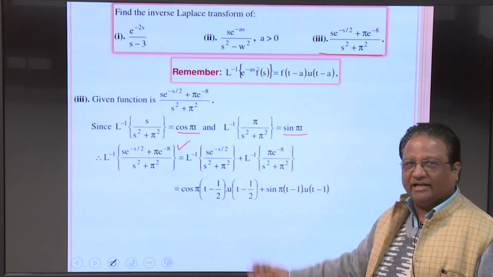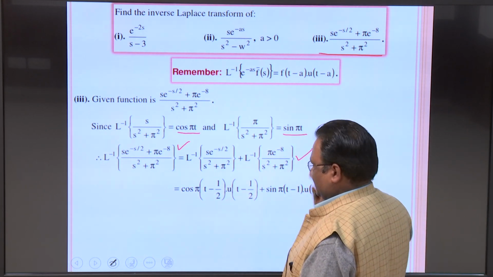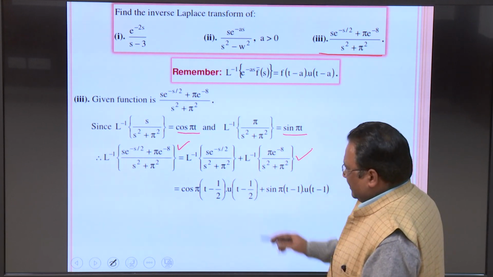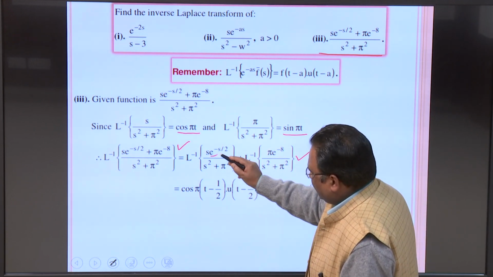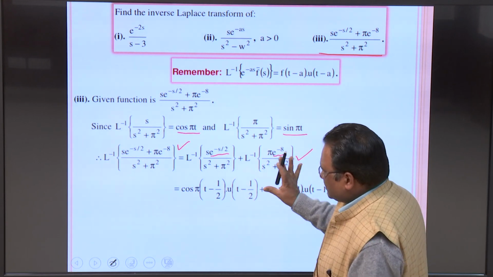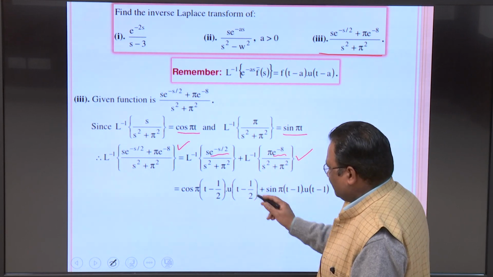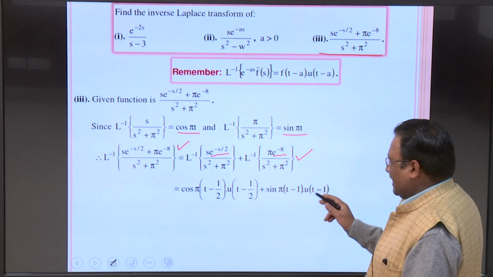So use the linear property. Okay. So L inverse of this plus L inverse of this, clear. And this one is e raised to power minus s by 2, here e raised to power minus s. Okay. So use the shifting property. So cos pi(t minus 1 by 2) u(t minus 1 by 2) and sin pi(t minus 1) and u(t minus 1).